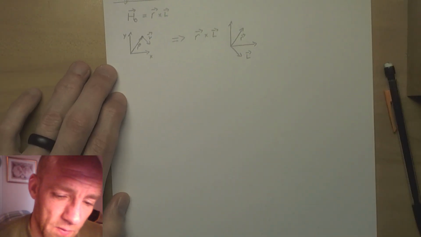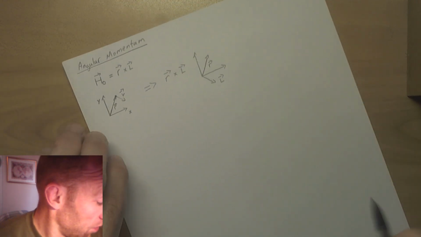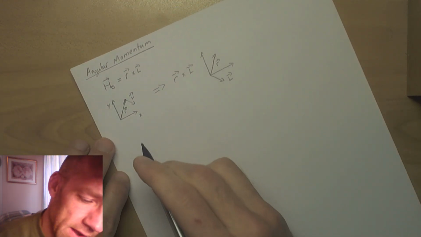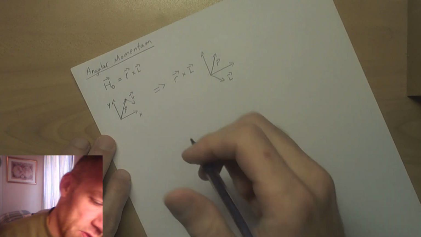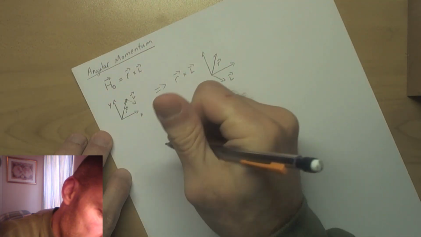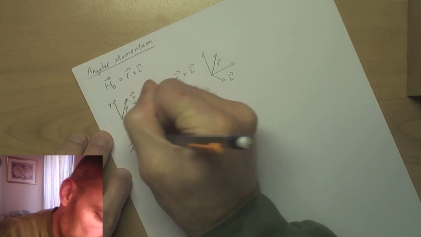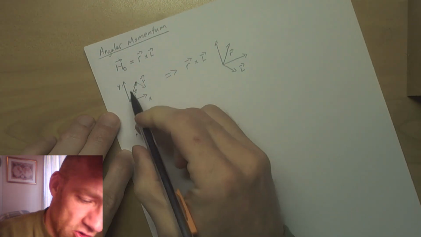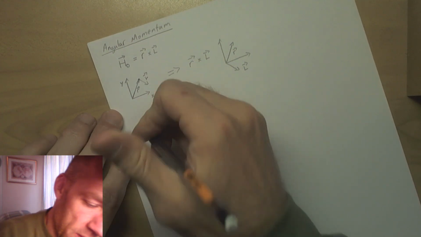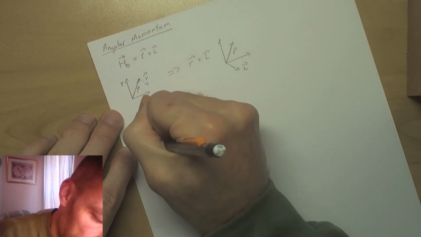So just like there's a thing called a moment of a force. The moment of a force about O is just like the angular momentum, but for the force itself.